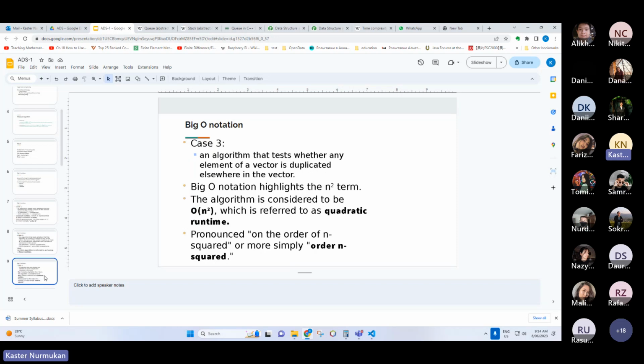The third case is, let me introduce first, an algorithm that tests whether any element of the vector is duplicated elsewhere in the vector. Okay, so it means in this linear sequence, there may be duplicates not just once, maybe several times.